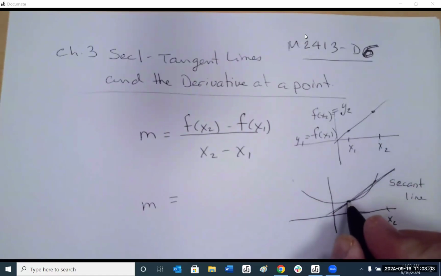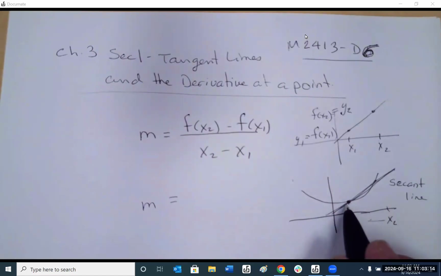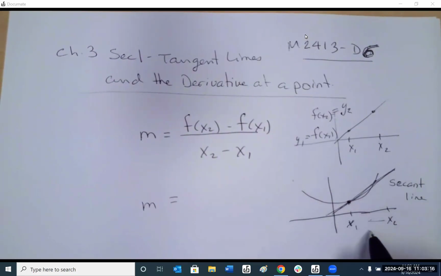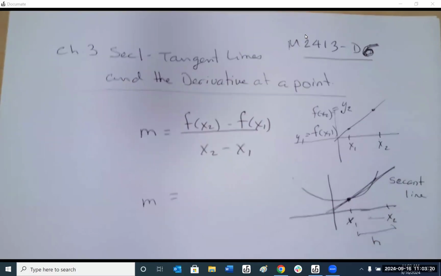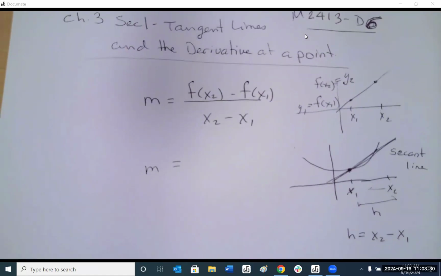And if we want the slope of that point there, we have to move these closer and closer together. How do we do that? Well, since we want the slope at one point, we defined this distance as h. H equals the distance between x1 and x2.